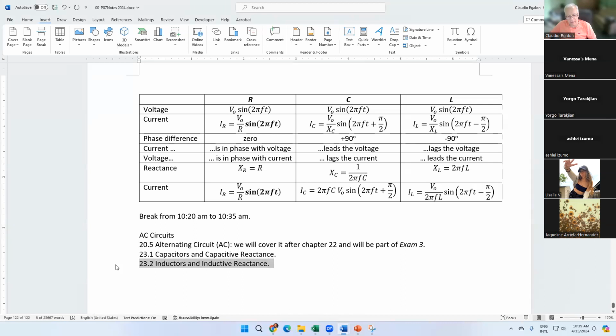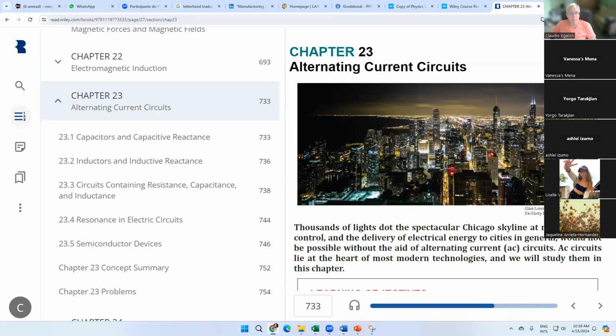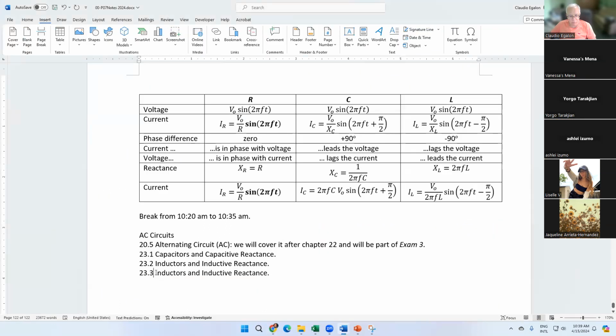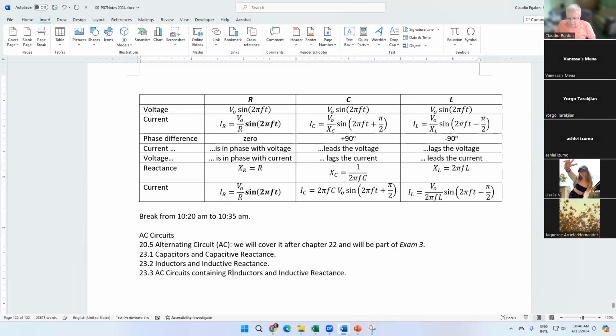And what else do we have to do? We have to cover the other one: circuits containing resistance, capacitance, and inductance. The correct way would be to say AC circuits containing resistance, capacitance, and inductance. That's the so-called RLC circuits.